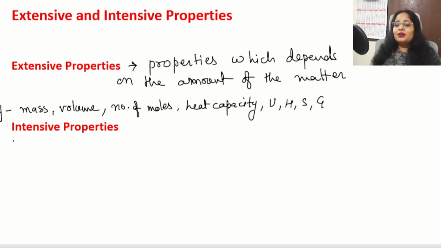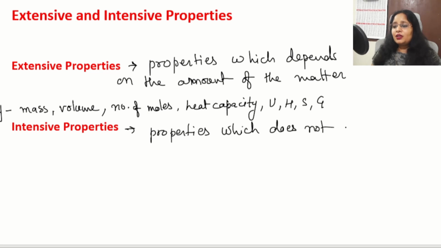Now, next is intensive properties. So the definition is properties which do not depend on the amount of the matter.